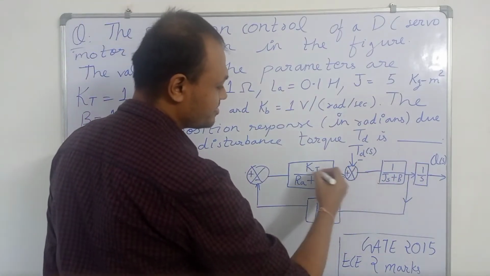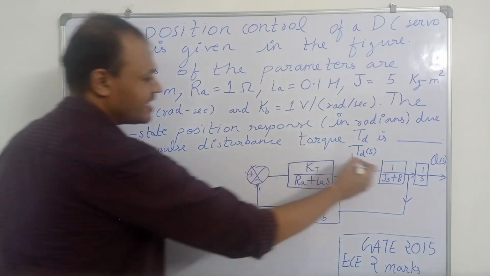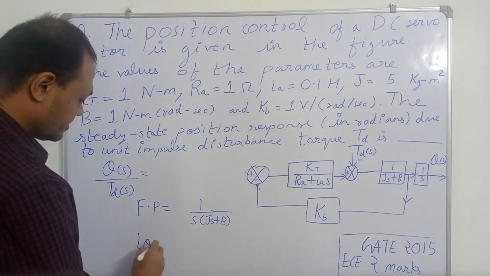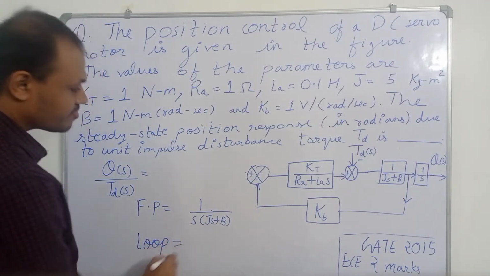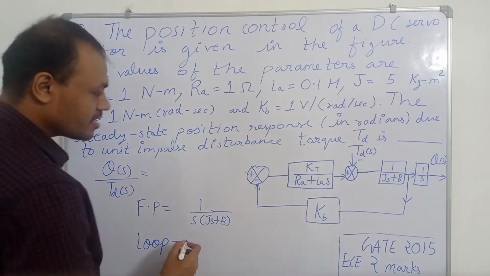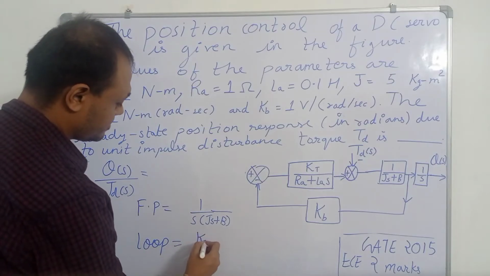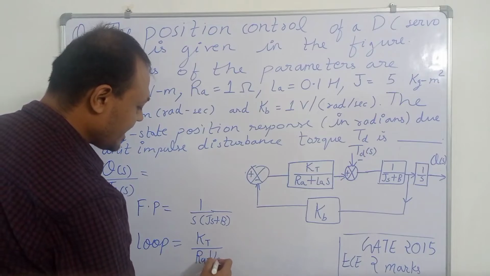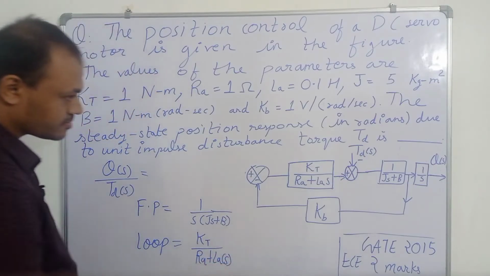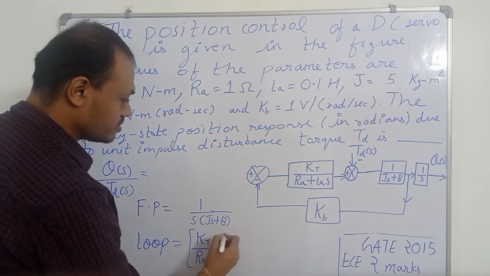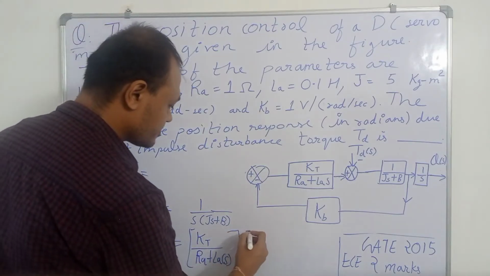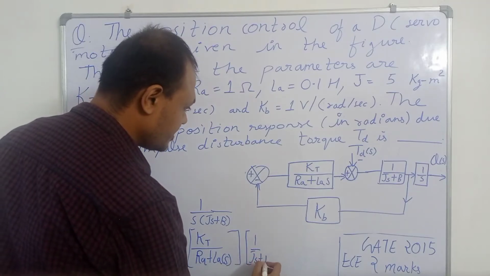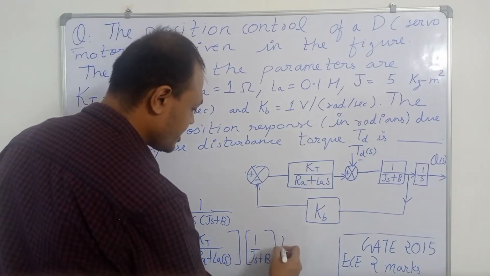The gain of the loop is Kt upon Ra plus Las, into 1 upon Js plus B, into Kb.